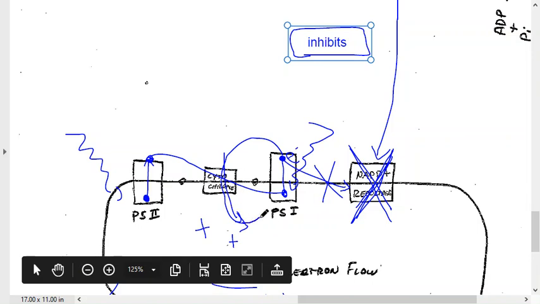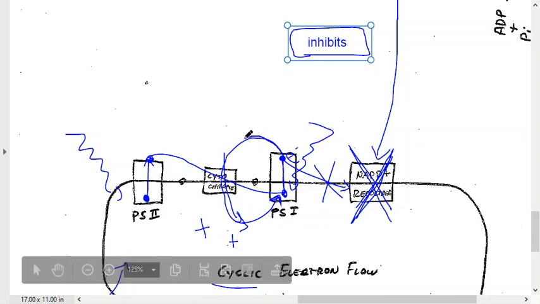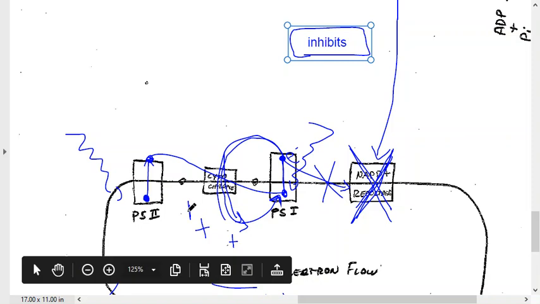Well, then it can just serve as its own replacement, get excited again, go back through cytochrome, pump a proton, replace itself, and do this over and over again. And this happens repeatedly. This poor electron is stuck in a feedback loop.